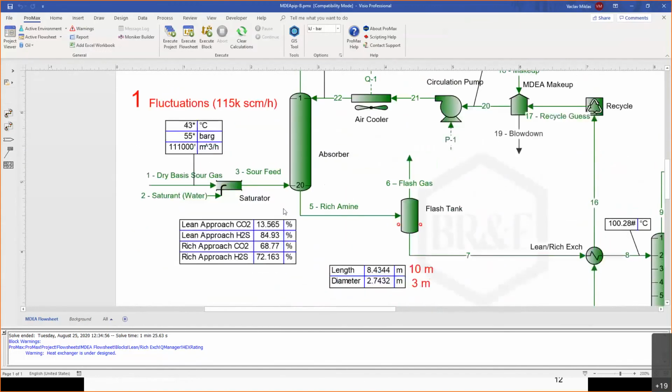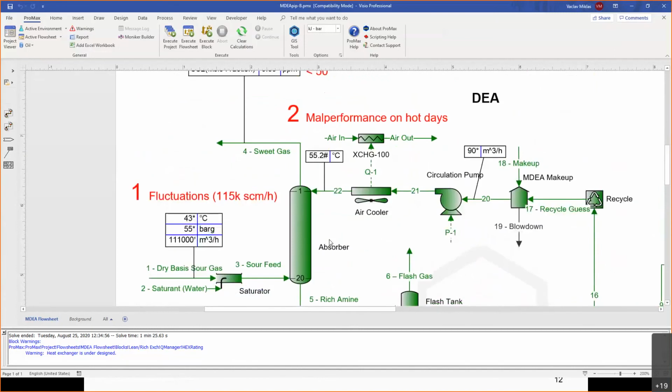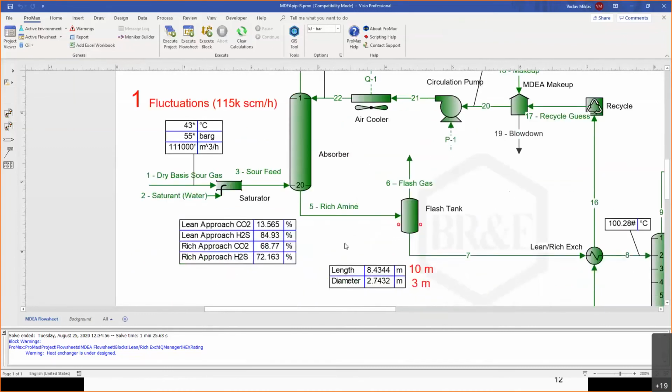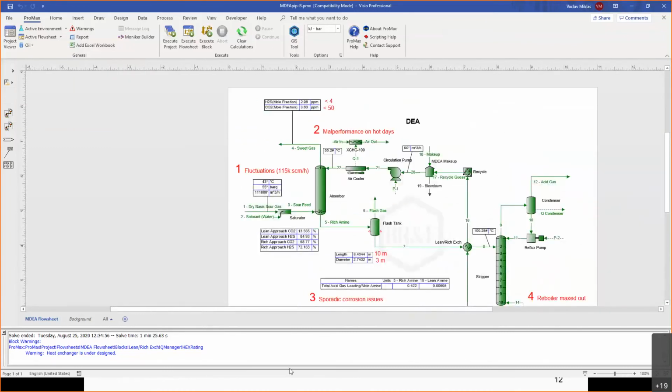It is still true that this means unfavorable equilibrium for the reactions, but because of the very effective CO2 removal by piperazine and the advantages of MDA, we are still able to meet this specification. So stable enough, at least for the hot day.